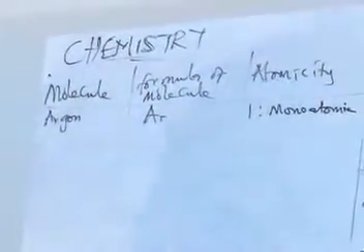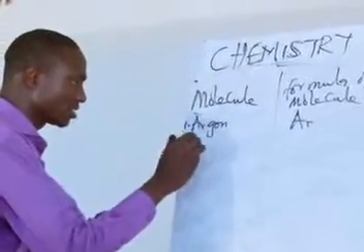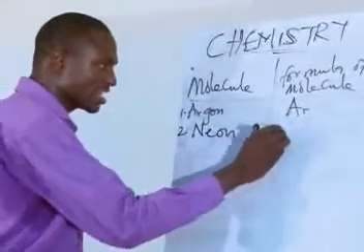There was a question in one of the UTME exams around the 1990s or so. They asked the question that an example of a monoatomic molecule is, and they gave options. In the options you have neon and some other gases. So all noble gases, and that's another thing that we are going to discuss later in our class, are monoatomic. Another example is neon. The formula is Ne.